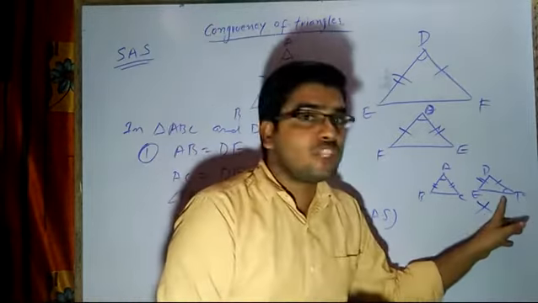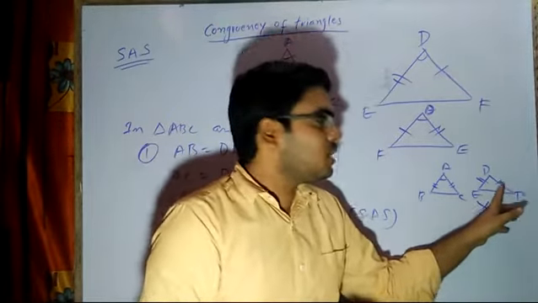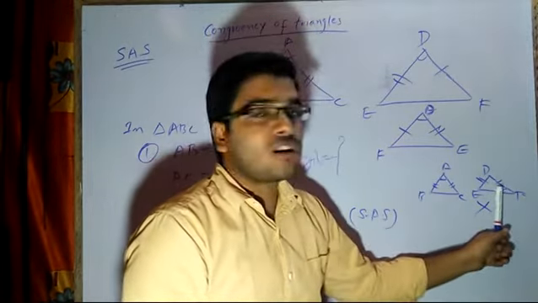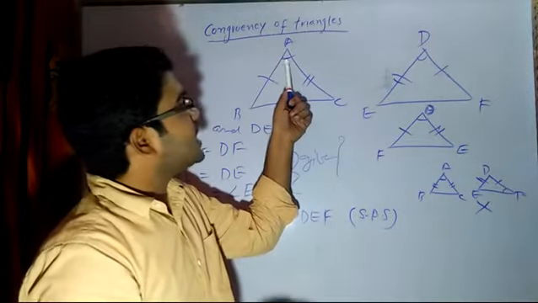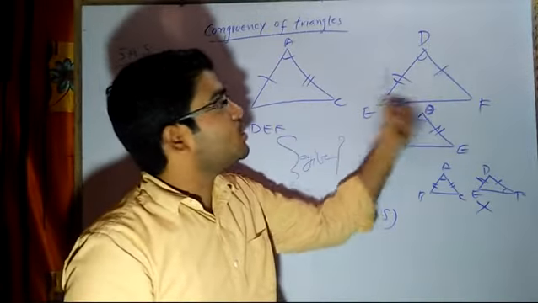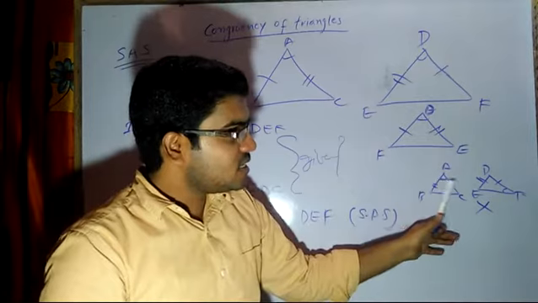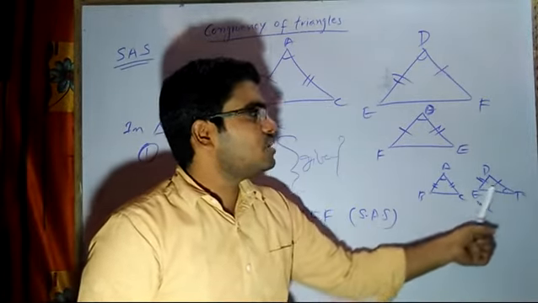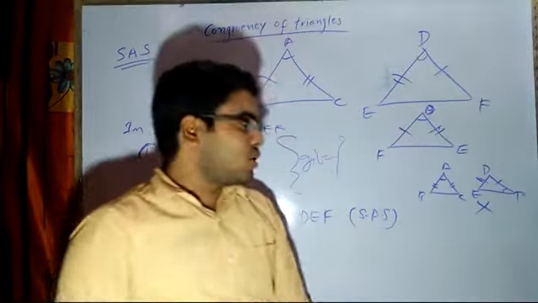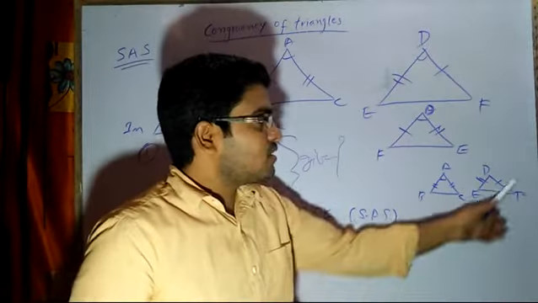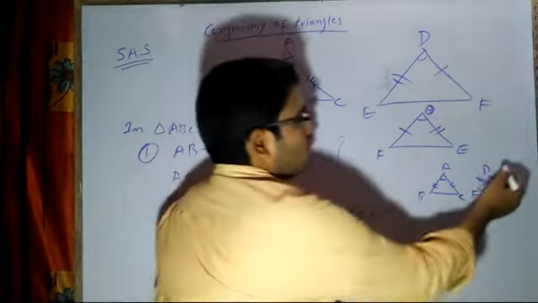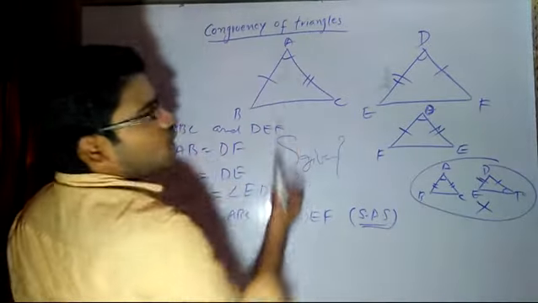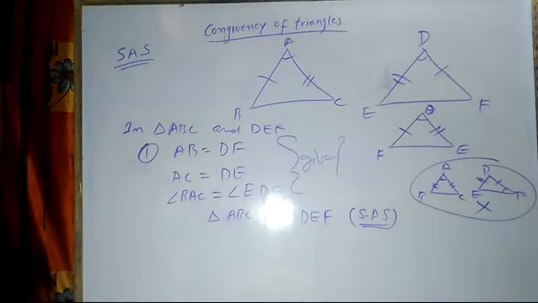It may not always be congruent. Sometimes it may be congruent, but we cannot say that these two triangles are congruent. The only condition is that the angle should be included between the two given equal sides. If one angle is here and the other angle is here, then it is not possible. 100% it is not true that they will be congruent. So the necessary condition for side angle side is that the angle should be included between the given two sides.